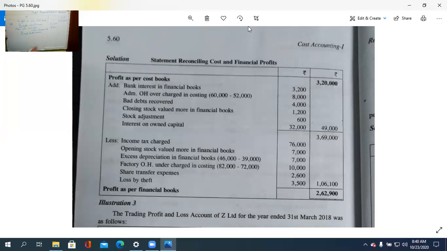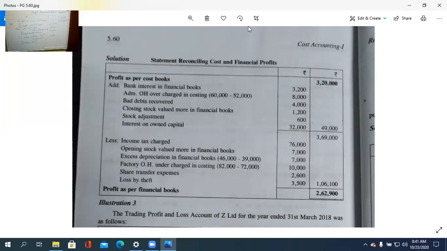That is 4,000. Then closing stock valued more in financial books. How much? 1,200. Then stock adjustment, both stocks being there, that is there in the question.